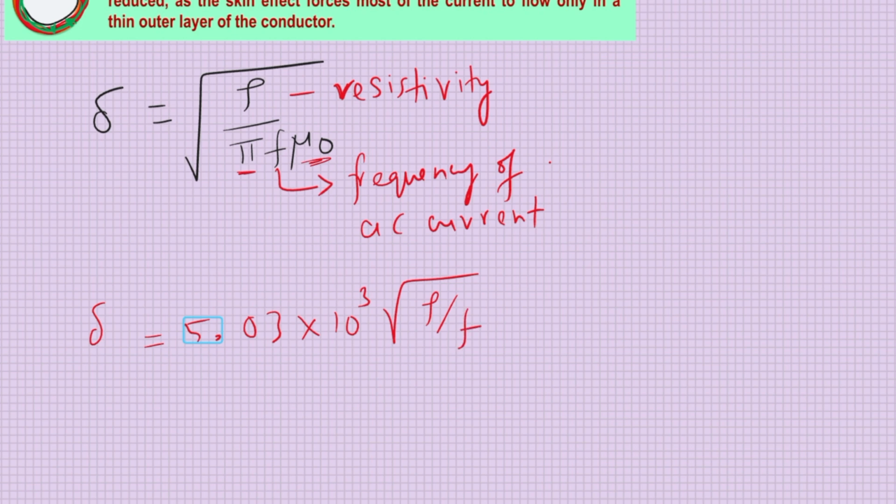Here rho is the resistivity of the material, and f is the frequency of the AC current. So this is the relation.